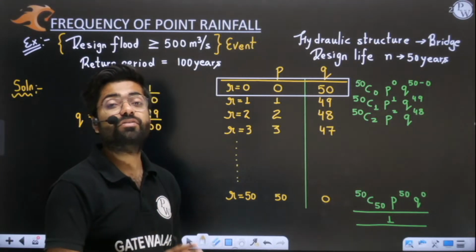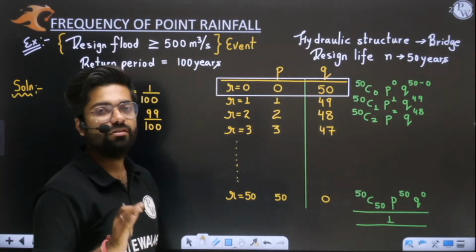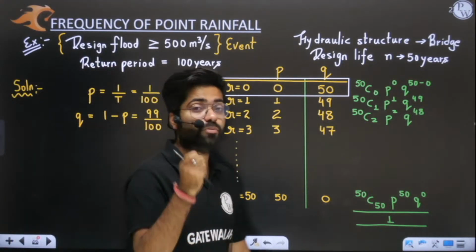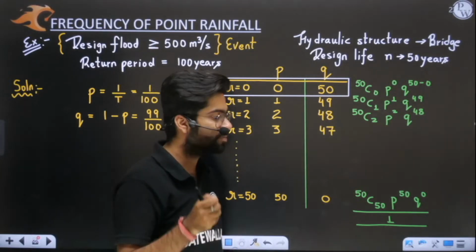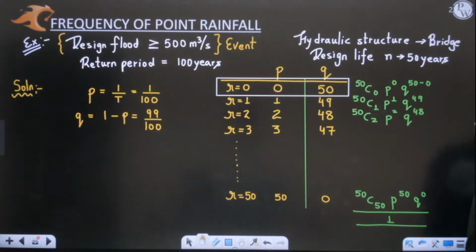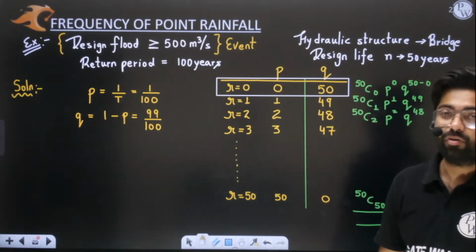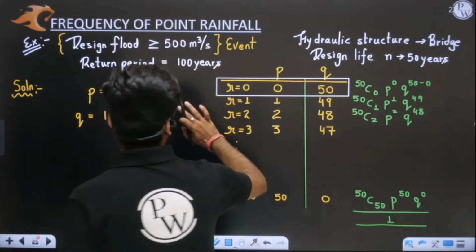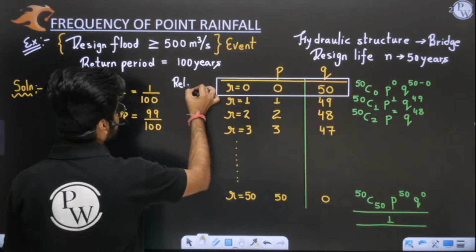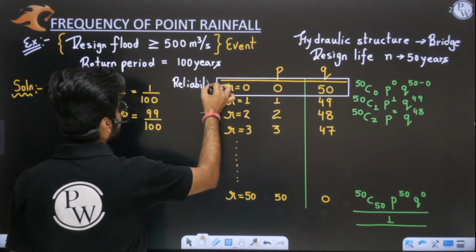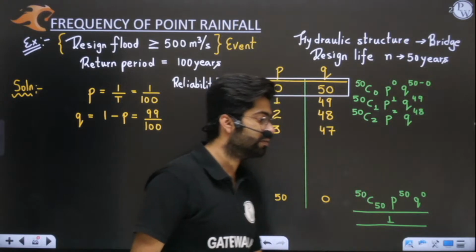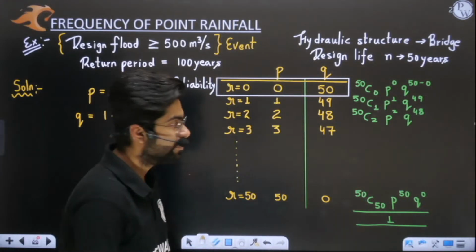When this flood event will never take place out of 50 times, this probability is known as reliability. Perfect.